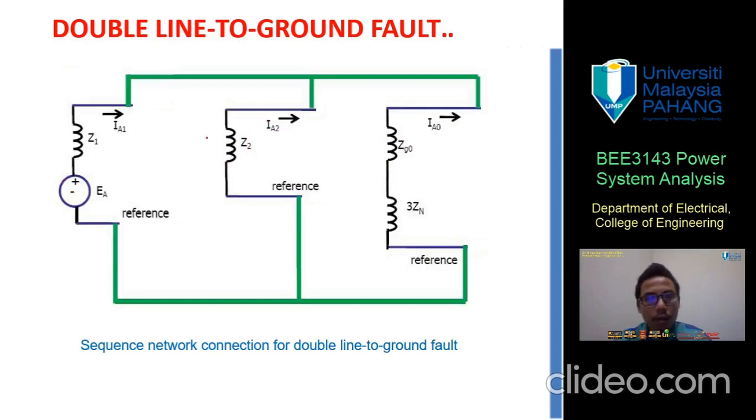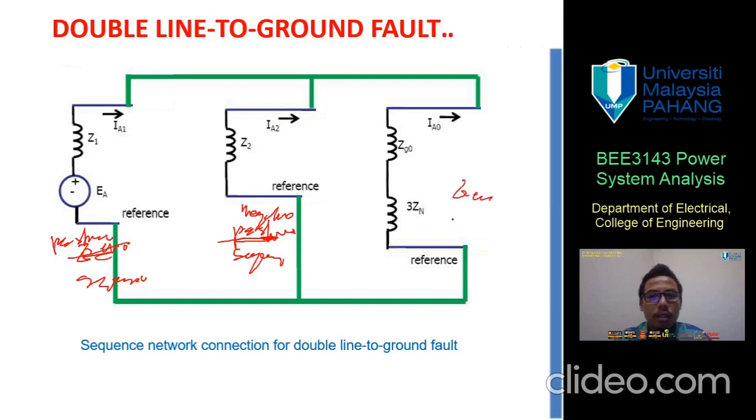Okay, so when we're drawing the equivalent circuit, it's the same basis: connect all three sequences together, where this is the positive sequence, and this is the negative sequence, and this is the zero sequence.